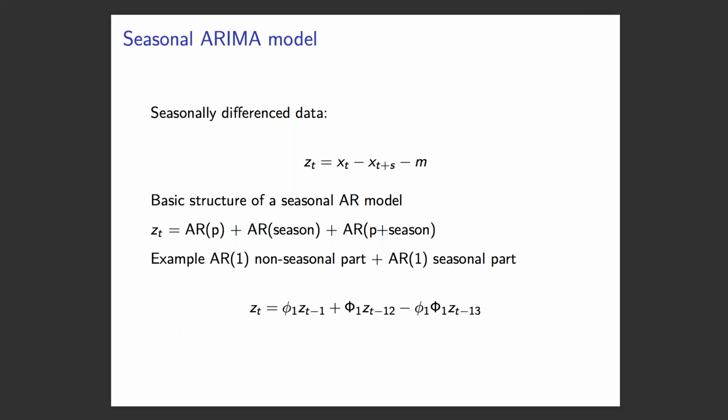You could. You've removed the season by doing this difference, and then when you fit the model, you could tell it, don't consider seasonal models. You could do that. Is there a benefit to doing it one way or the other?